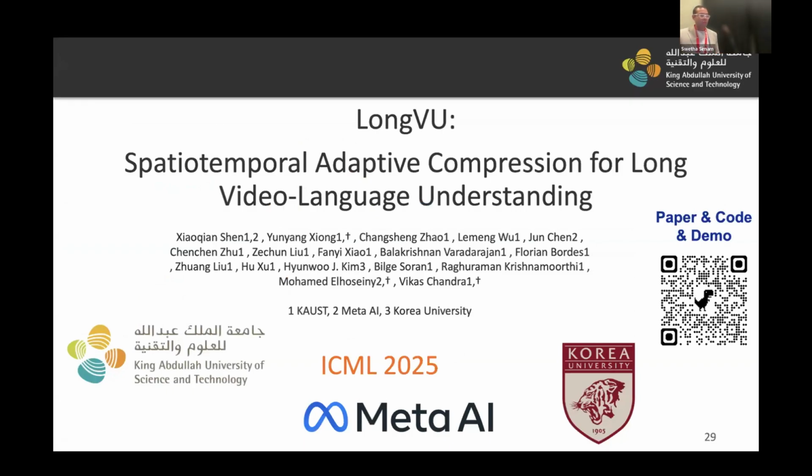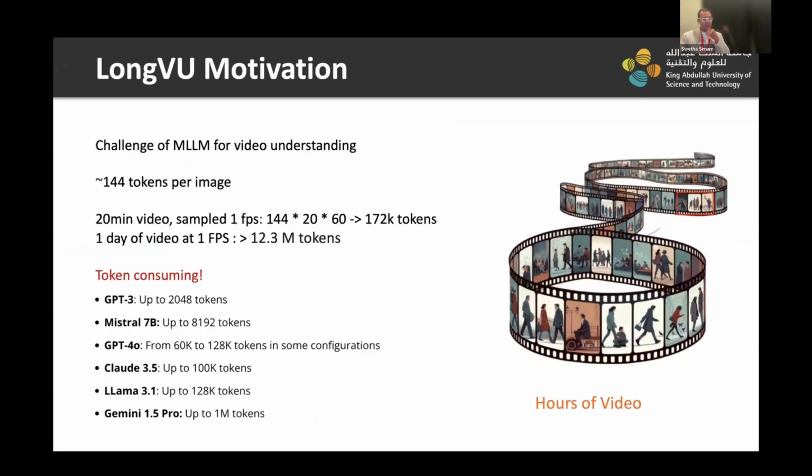Now I get to LongVU, the model we built in collaboration with Meta on spatial temporal adaptive compression for long video understanding. The key idea here is that the current challenge in multimodal models is that the visual information is huge and it's hard to manage. A 20 minute video, even at 1 frame per second, is about 172,000 tokens.